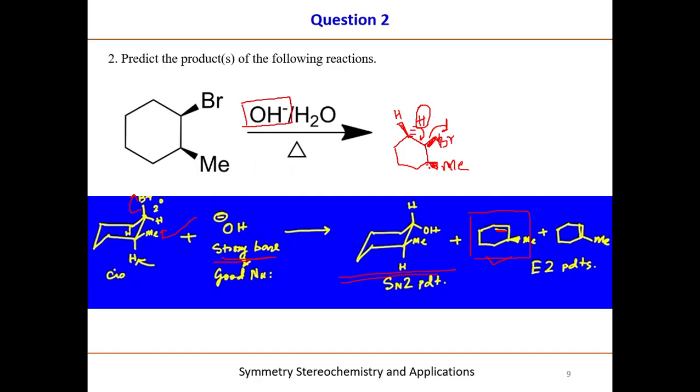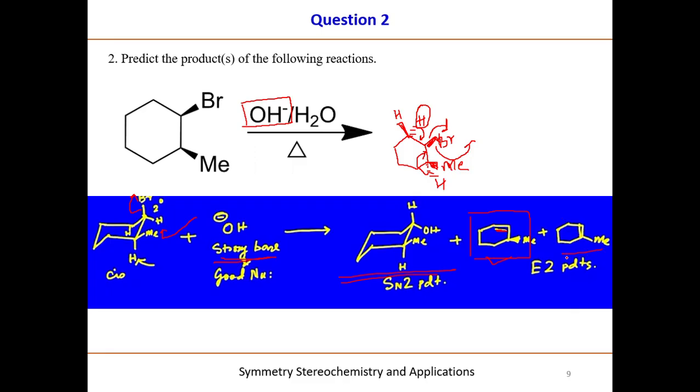Now the second possibility is there, because as I told you the anti-periplanar elimination takes place in the E2 elimination reaction. On the back side of this carbon atom we have a hydrogen which is anti-periplanar to the bromine atom, correct? That's why it is also possible. So it will eliminate this way. The proton will be abstracted by the strong base, followed by elimination of the leaving group, resulting in a double bond formation.